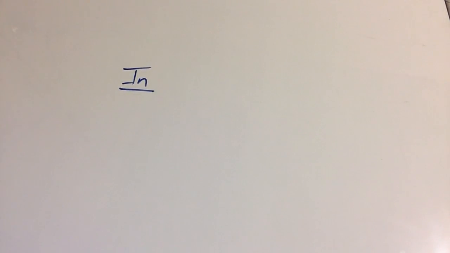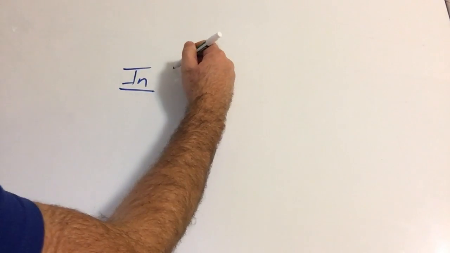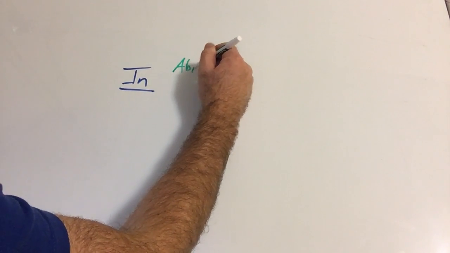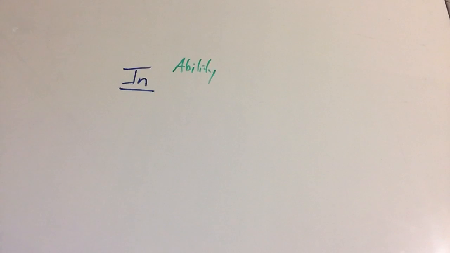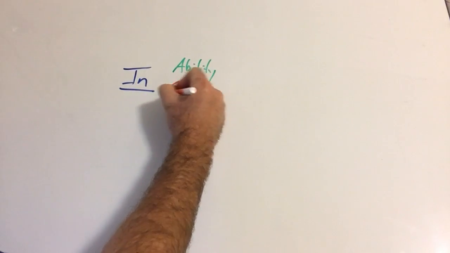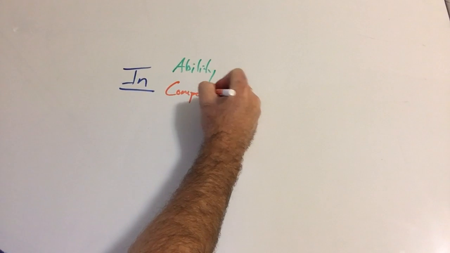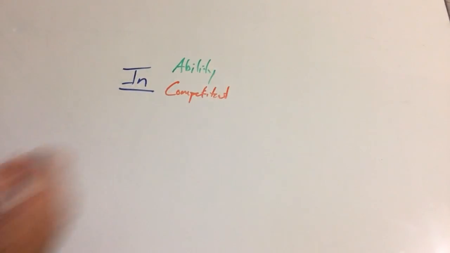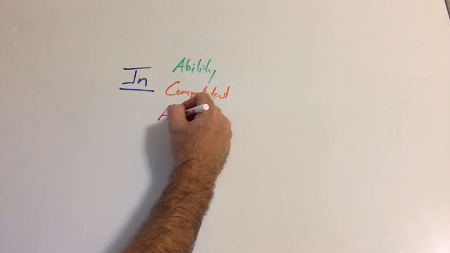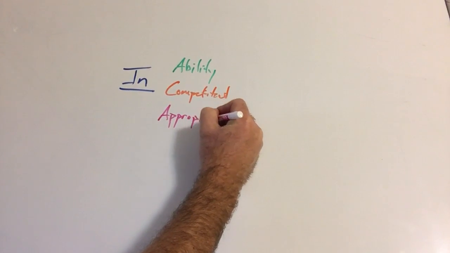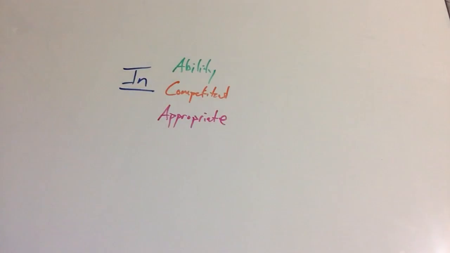In case you don't know, there's a bunch of words that use "in," such as inability, incompetent, and being a high school teacher, I definitely hear a lot of things that are inappropriate. So what does "in" mean?